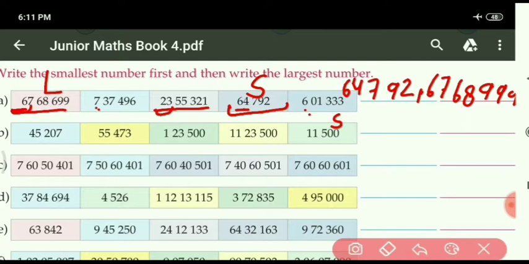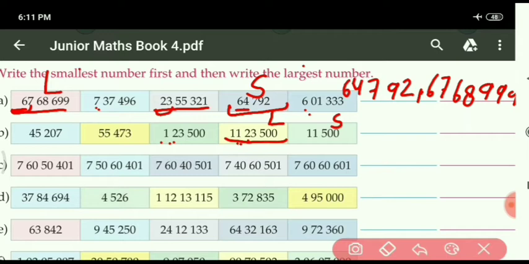Okay. And next, in these we will check: one is given up to lakh and the other up to 10 lakh. So 10 lakh is bigger than lakh place. So here which one will be the largest? 11,23,500. Here you can write capital L. L for largest and S for smallest.